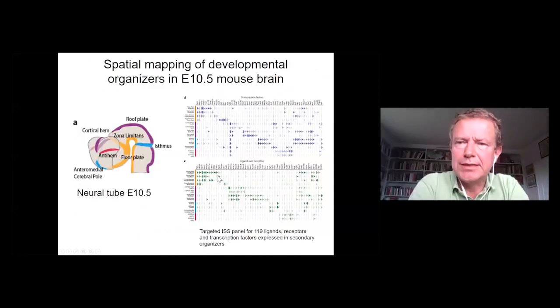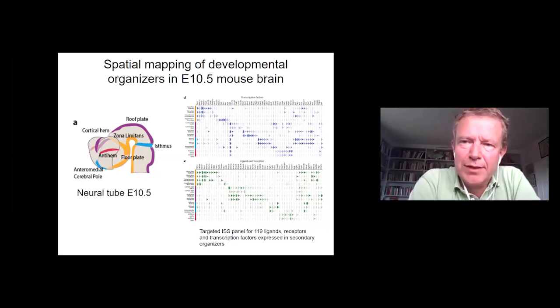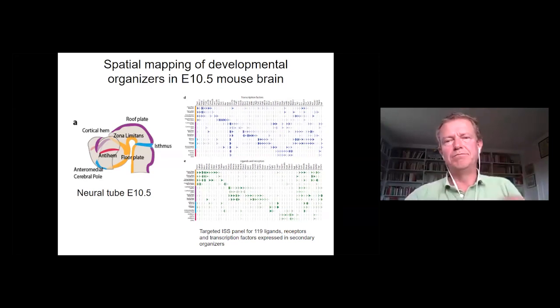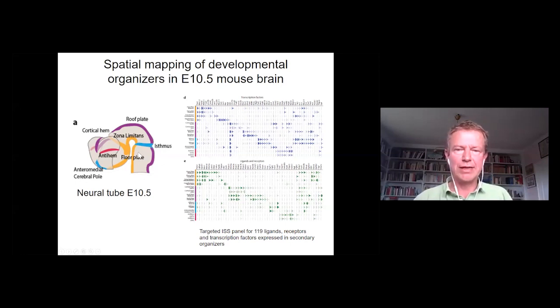So our part in this massive effort was to validate a prediction coming out of the single-cell RNA sequencing about genes that seem to be specifically enriched and expressed in these organizers in the mouse brain. It's these regions, specific parts of the brain where a lot of the important development is happening.